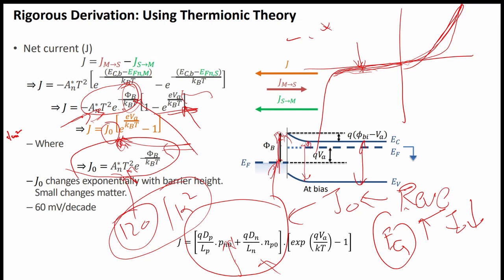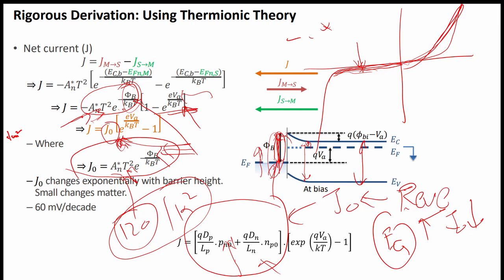This is the band gap, and this is the phi b. This phi b is always less than the band gap. Since phi b is less than the band gap, the current related to this phi b is more, so here this J naught will always be more.